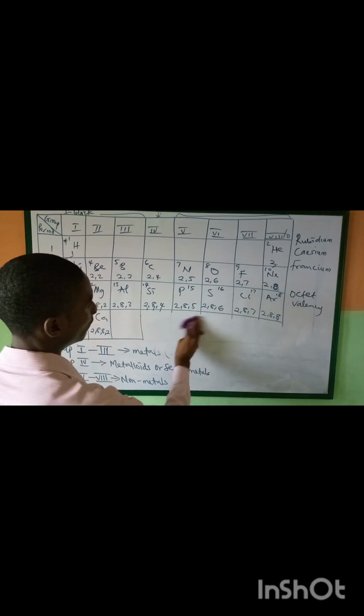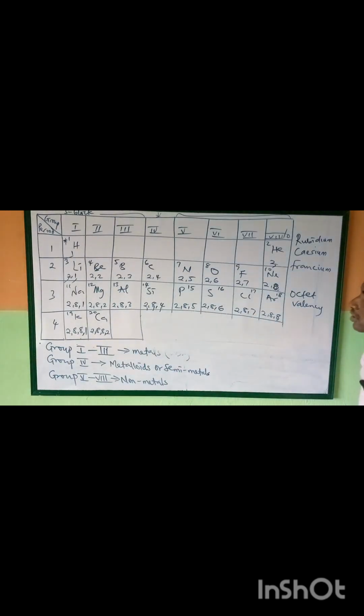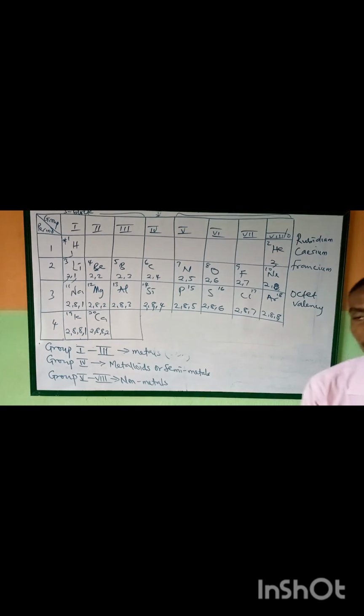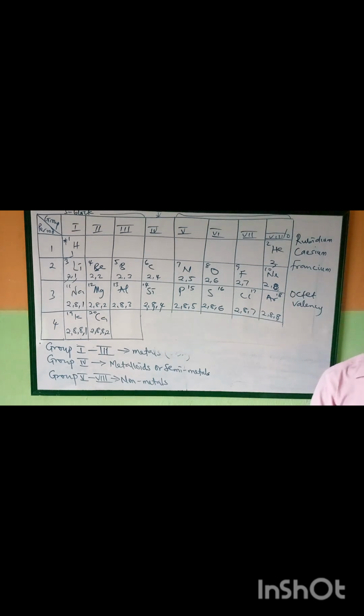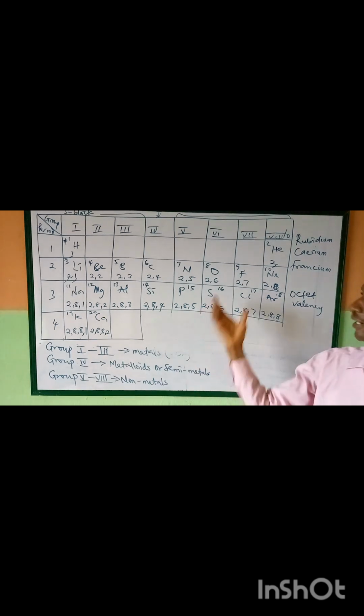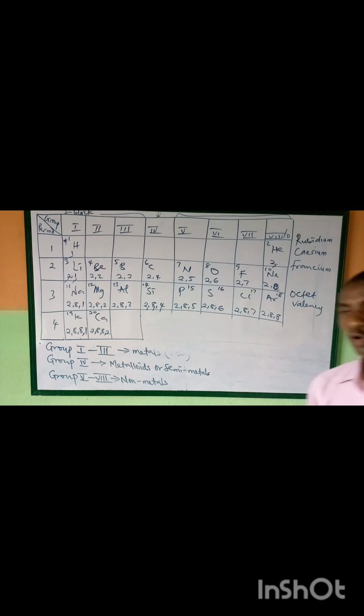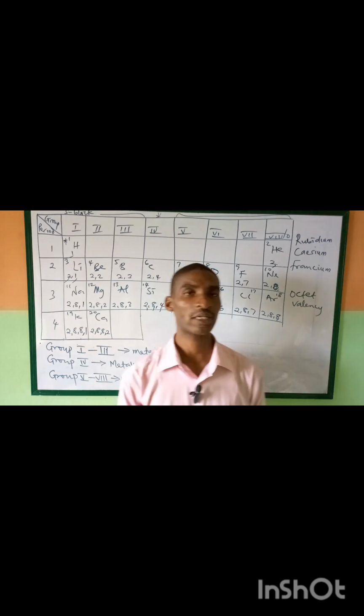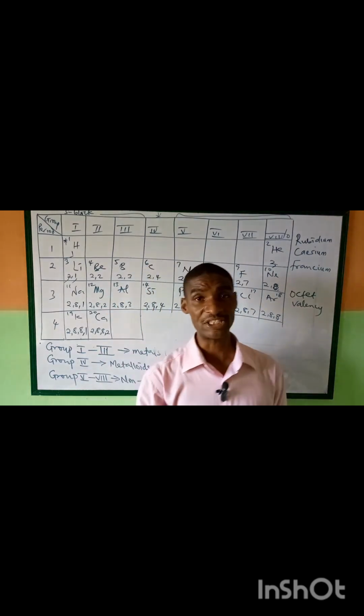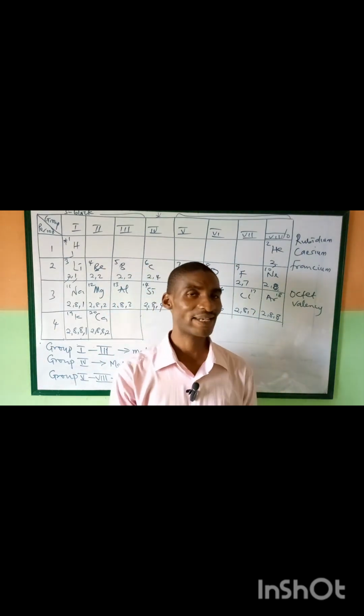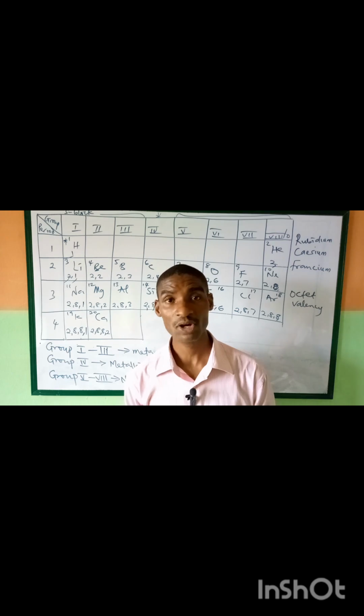So let's consider the non-metals. For the non-metals, they take part in chemical reactions by borrowing electrons. So let me give you this illustration so that you can easily remember, recall, and you can apply. If you have a dog, in your compound, maybe a German Shepherd, you have an idea of how much a German Shepherd costs in Nigerian currency.